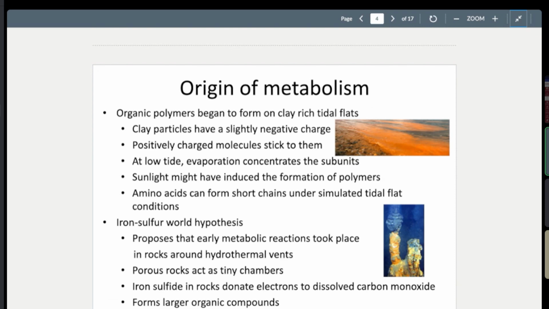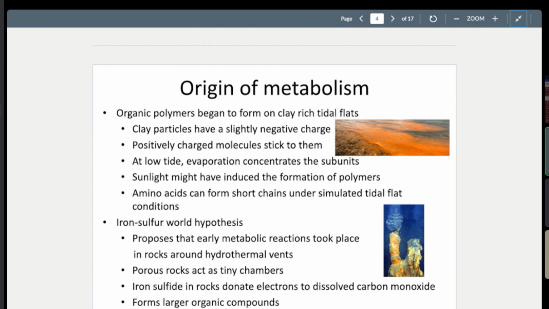So you have the origin of metabolism. Organic polymers began to form on clay-rich tidal flats. These clay particles have a slightly negative charge, and positively charged molecules stick to them. At low tide, evaporation concentrates the subunits, and sunlight might have induced the formation of polymers. Amino acids can form short chains under simulated tidal flat conditions.